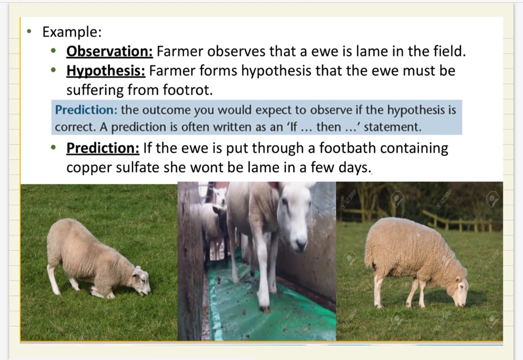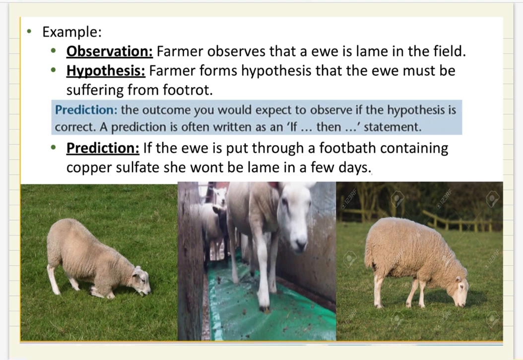We reject our hypothesis and we come up with another educated guess, that she needs to have her hooves pared, and we'll try that solution. And then our prediction again, if the ewe's hooves are pared back, in a few days' time she won't be lame. So you keep going, you keep coming up with your hypothesis until you get your desired solution, or until you get your prediction correct.